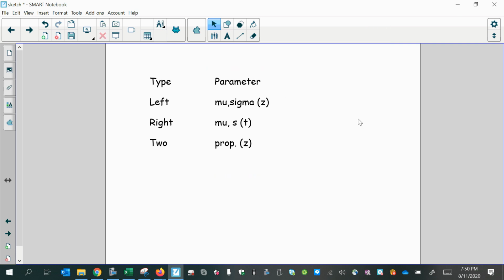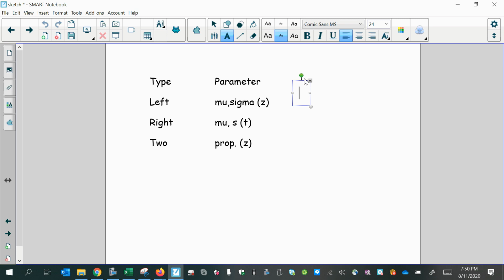What else can change? We can have, say, left, right, 2, different parameters with different distributions. We could also end up rejecting or not rejecting, fail to reject the null.